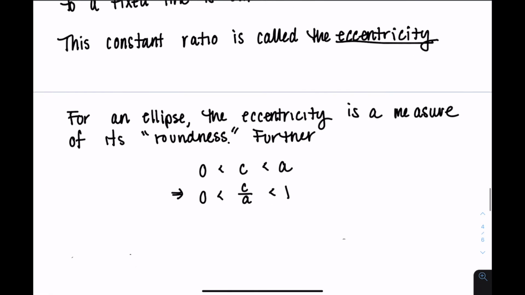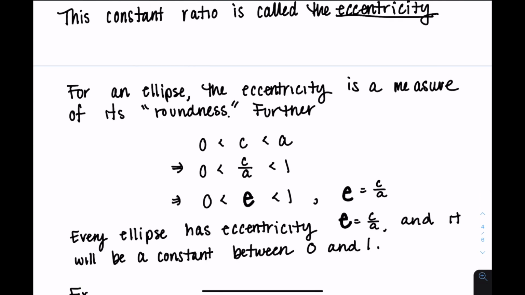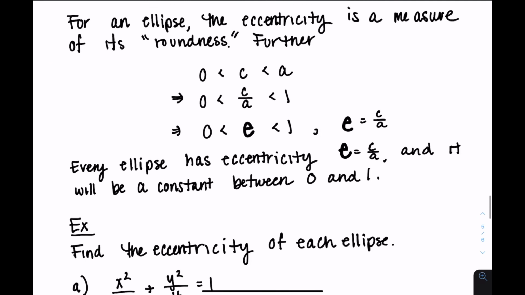And that's exactly that fixed ratio for this conic section. So this is going to be our eccentricity, which is denoted by a boldface E. So every ellipse has eccentricity, which is defined as c over a, and it's going to be some constant between 0 and 1.